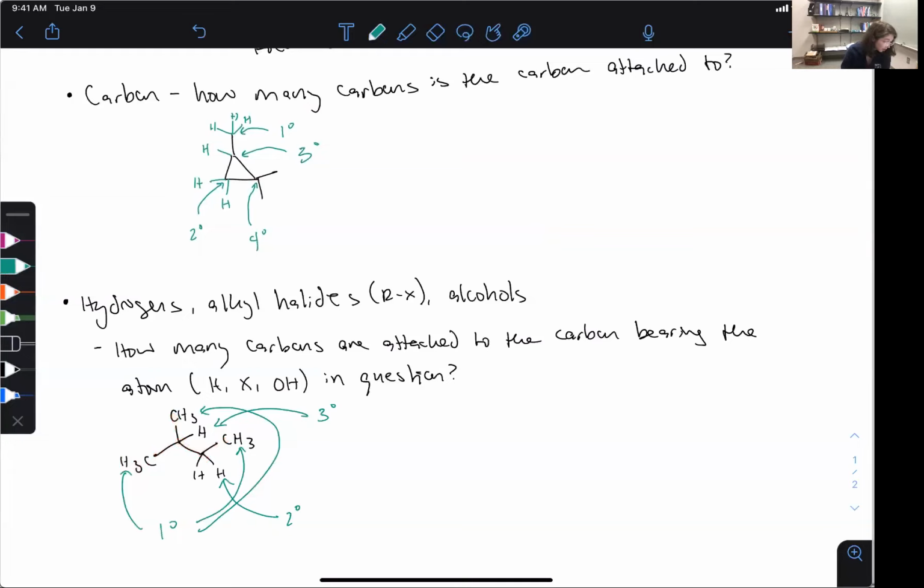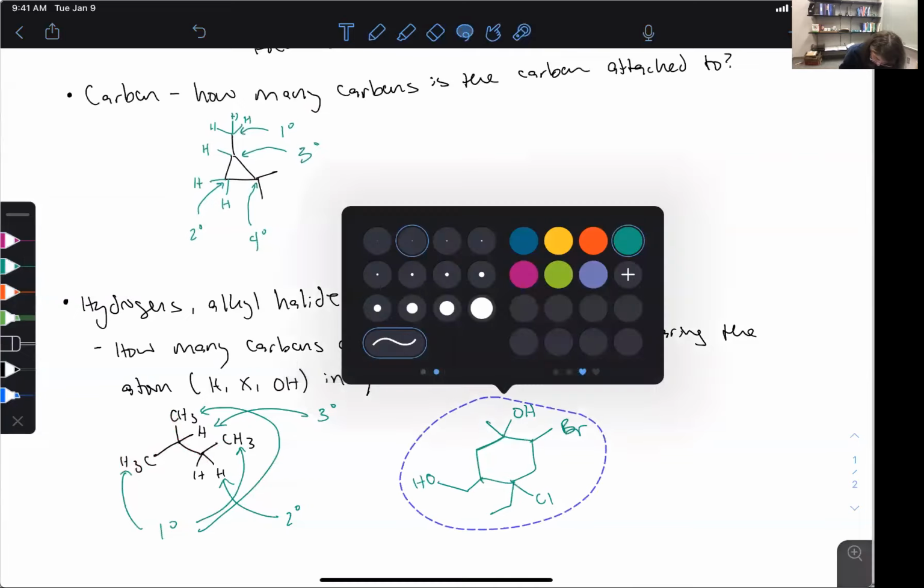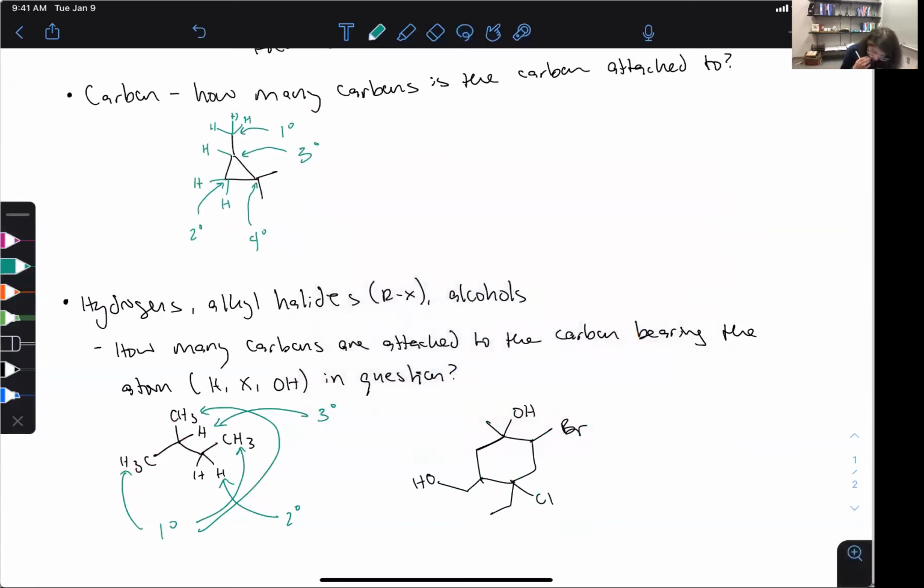Okay, so if I take another example, let's look at something like this. Okay, so we're going to do the same thing with alkyl halides or alcohols. Okay, so if I take this OH, it is on this carbon, that carbon is attached to 3 other carbons.